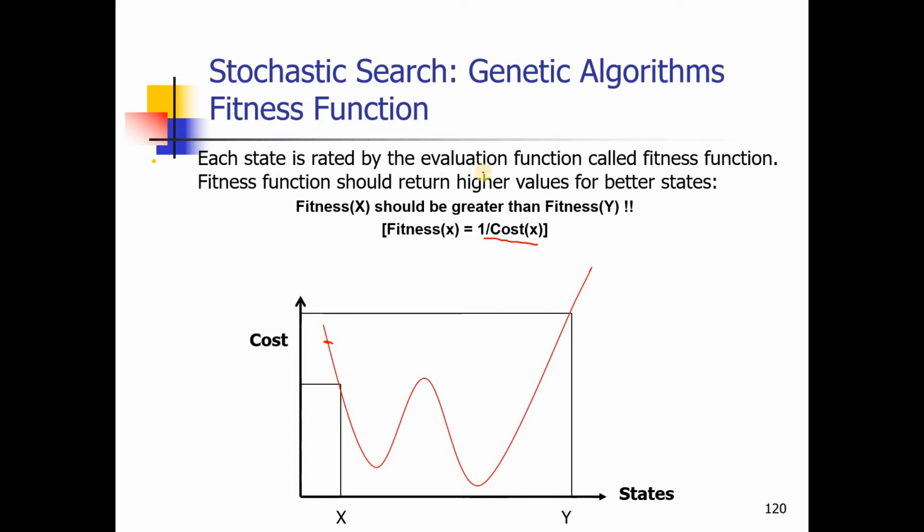Each state is rated by the evaluation function called the fitness function, which returns a high value for better states. So fitness of x should be greater than, for example, the fitness of y. Clear?